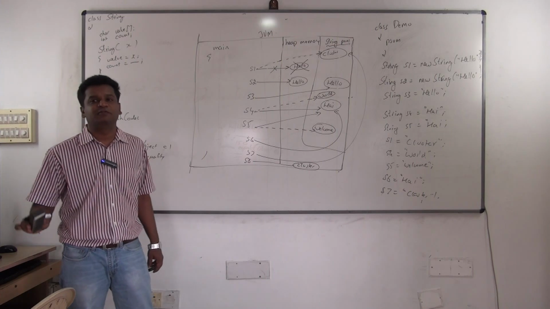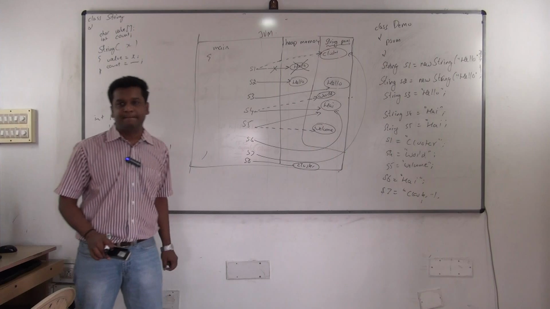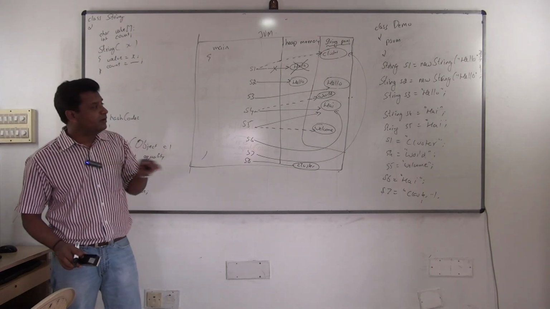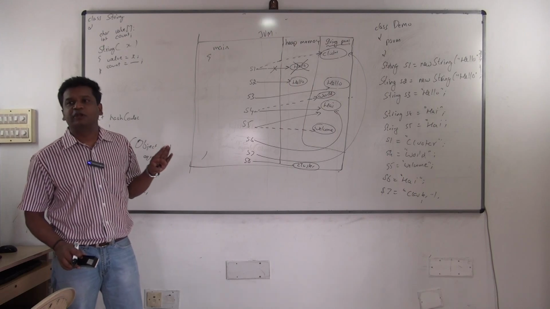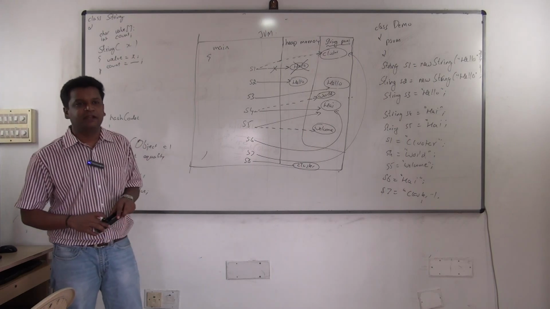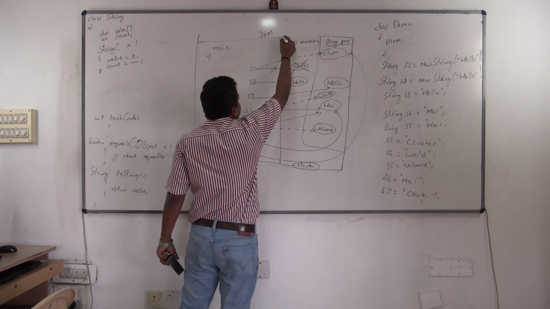That is never eligible for garbage collection. Till your JVM shuts down, it will be available. Till your program shuts down. Clear? And this is true only for string objects. This is not true for any other object in Java. The pooling mechanism is there only for string objects. Are you clear on this now?